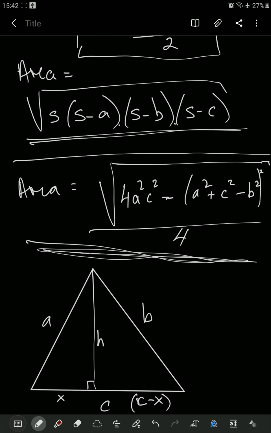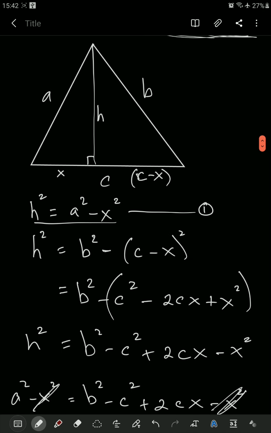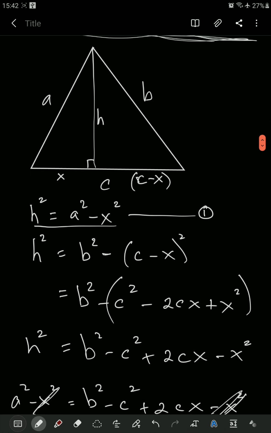It's quite a simple formula really. It's the square root of 4 times a squared c squared minus (a squared plus c squared minus b squared) all squared, and it's divided by 4. It's a bit hard to see the little square symbol up there. Now I'll show you the derivation of this. It's really quite straightforward. We have our triangle here, A, B and C, and we drop a perpendicular, h, and divide the base into x and c minus x.